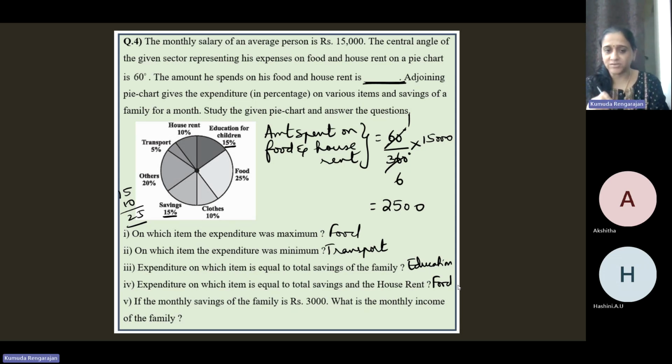Now this 25% is equal to which expenditure? You can see it: food.